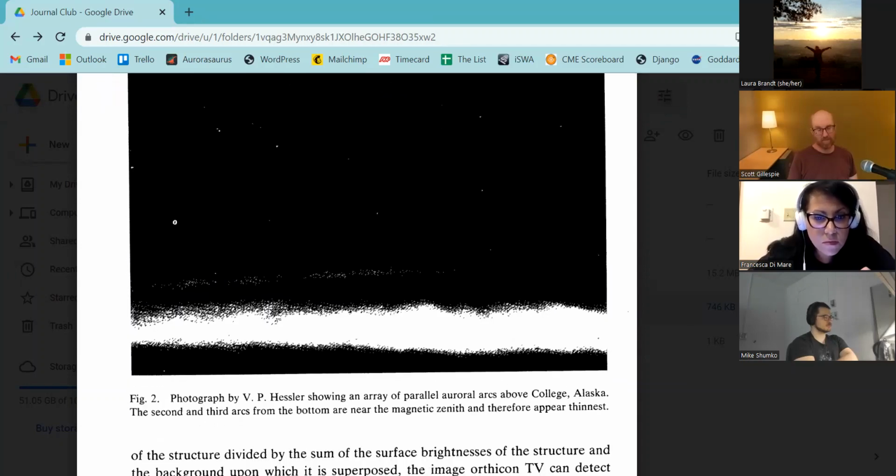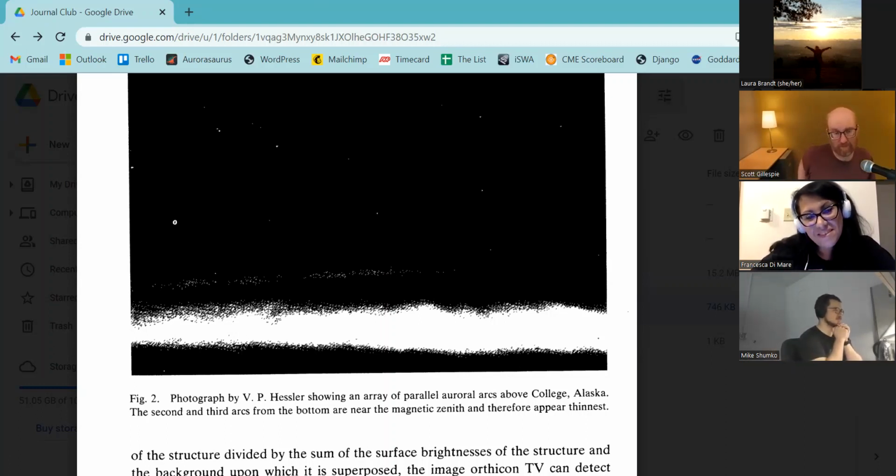Okay, so these are the parallel auroral arcs. This is a crappy picture in this old reproduction, but you can imagine that if you expose your camera for longer, you're going to get more light there. It's going to fuzz out those edges a little bit. And so you might get a different measurement if you're trying to measure the width across these arcs.